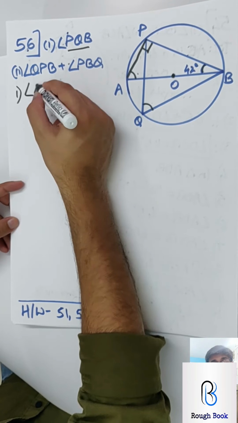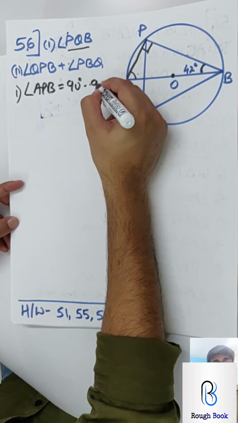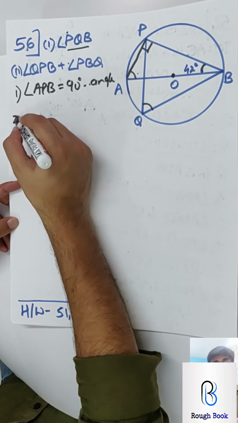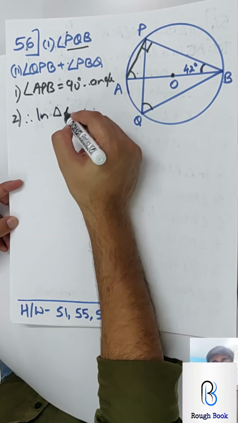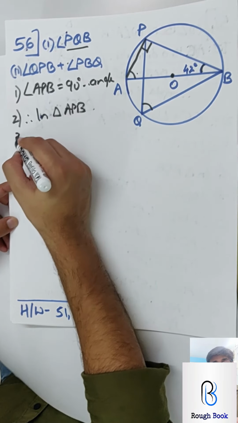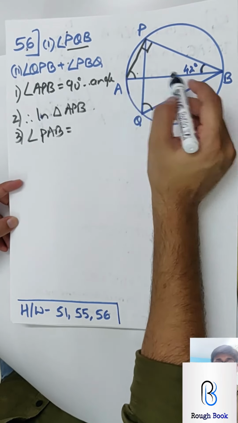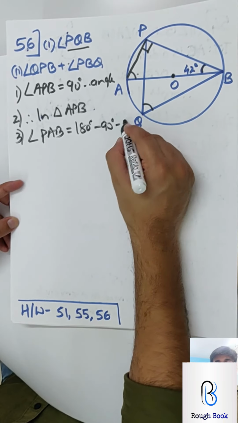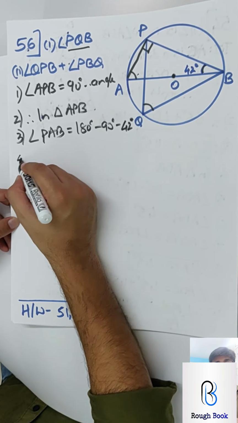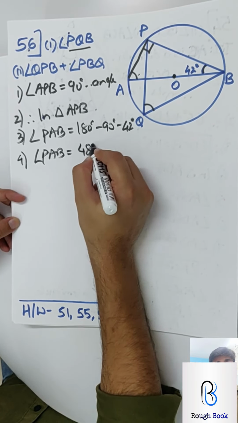So number one, APB is equal to 90. Angle formed in a semicircle. Please write that. So this is 90. Finally, in triangle APB, angle PAB, that is this one, is 180 minus 90 minus 42. So I can say angle PAB is 48.